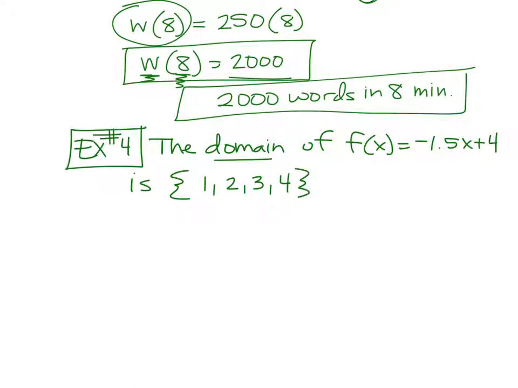Okay, so the domain is 1, 2, 3, 4 for this function. Find the range. What is the range again? It's the y, right? It's the y points that you come up with. So if we are given the x and we're trying to find the y, what do we have to do?